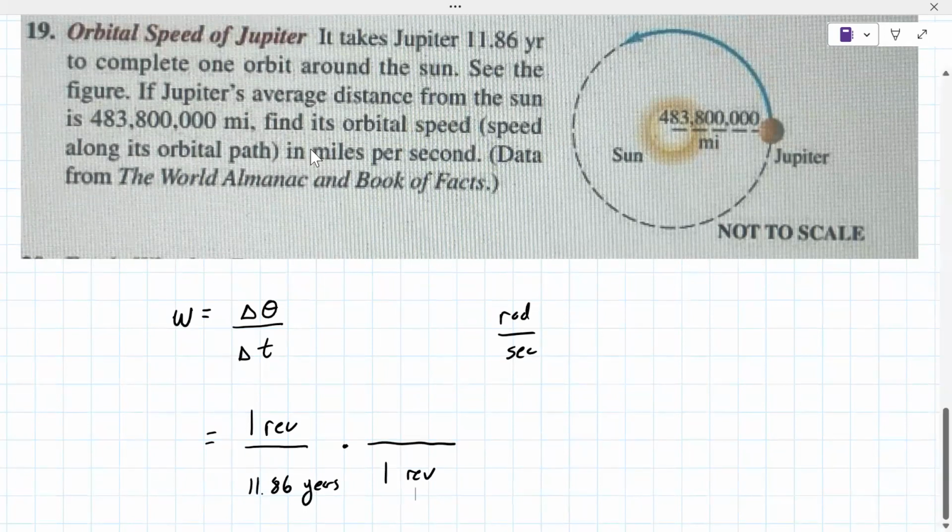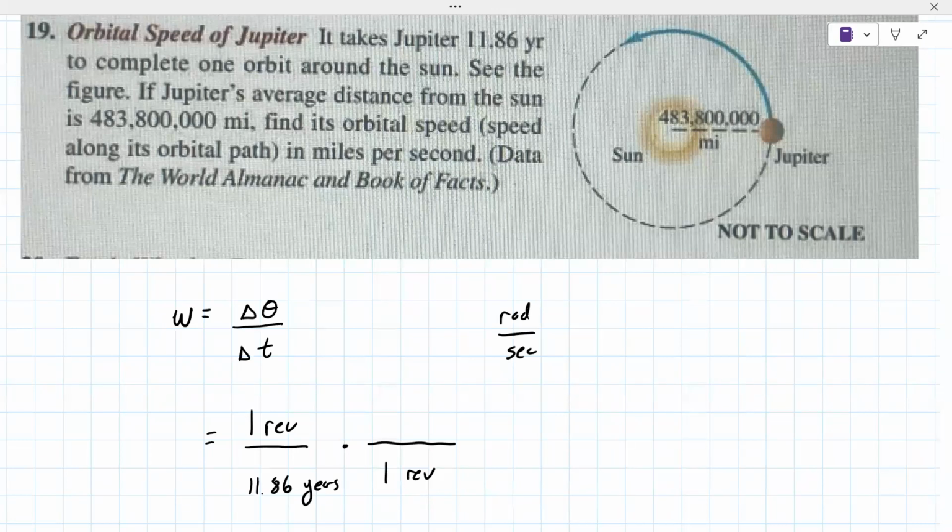Yeah, it's a speed along its orbital path. So revolution over time. It's a good question. We're getting slightly outside of my area of expertise because I don't really know why they use these words. I just know to do the calculations.